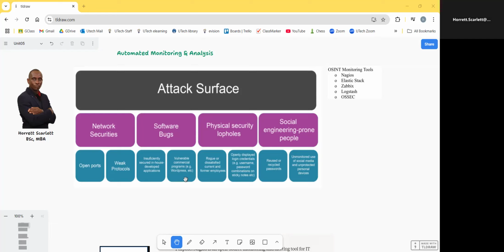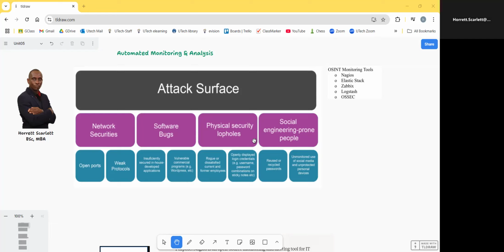We're also talking about those commercial programs that have certain vulnerabilities within them. And that's why it is very important to get the software updates or patches, because what the patches do is they address some of these common concerns and attempt to fix them.